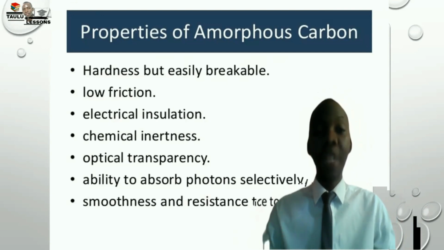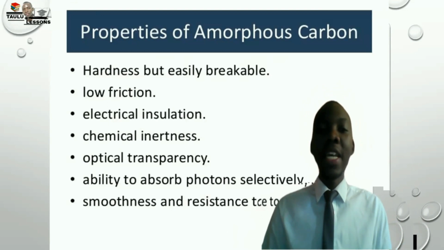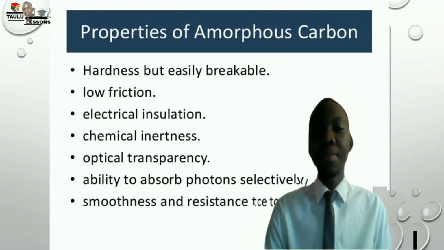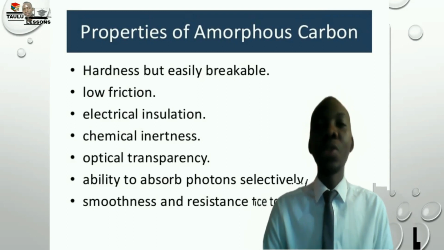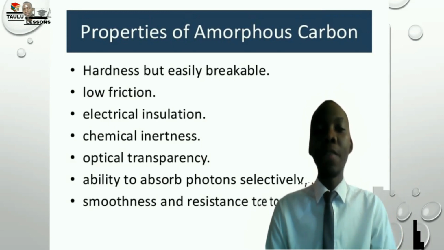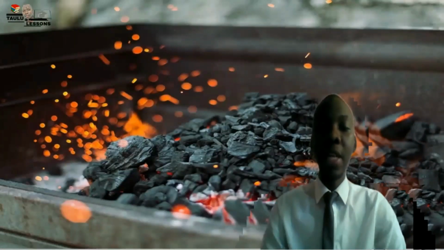They have low friction, and they are electrical insulators, okay? In other words, they do not allow electricity to pass through them. Those are some of the properties of amorphous carbon.